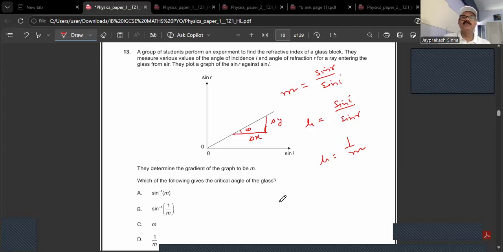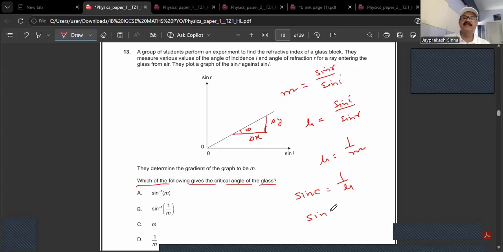Now we have to find the critical angle. Which of the following gives the critical angle of the glass? So there is a relation between critical angle and refractive index. What is that? Sin C is equal to 1 upon mu. So now we'll put the value of mu here.